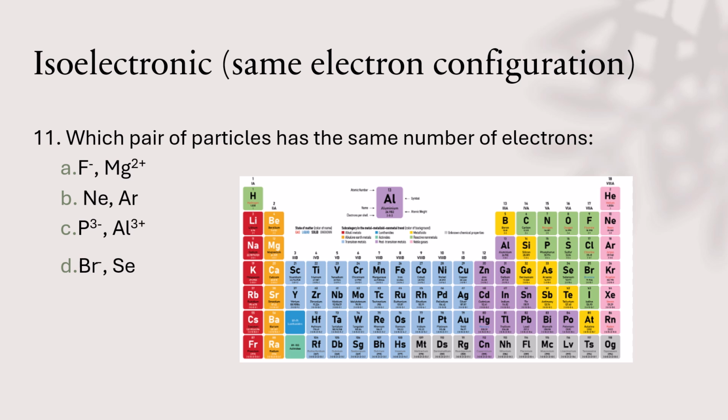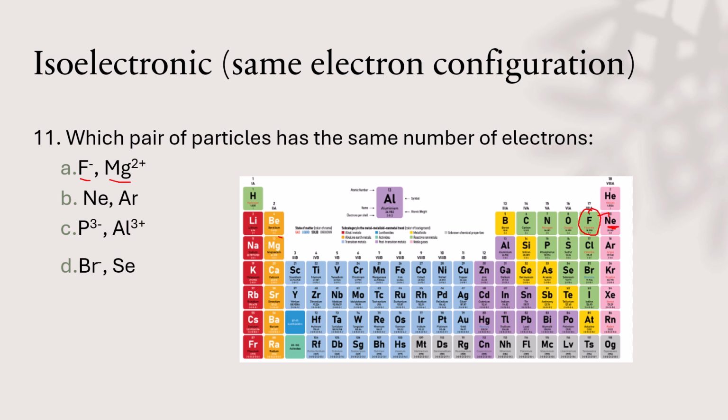Going through A here, we have fluorine with a -1 charge. Finding fluorine on the periodic table, if it has a -1 charge, that means it gained 1 electron, so it's going to be isoelectronic with neon. Let's see if magnesium has the same noble gas that it's isoelectronic with. Magnesium has a 2+ charge.